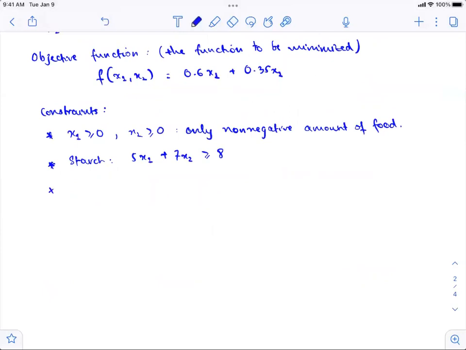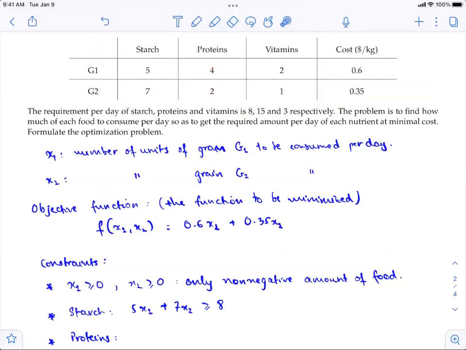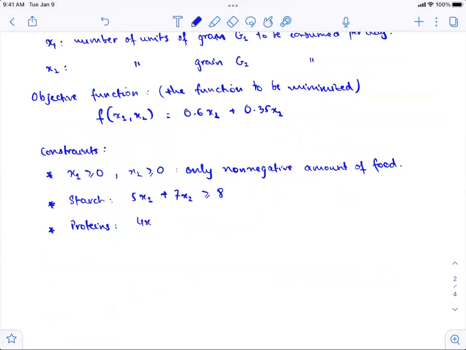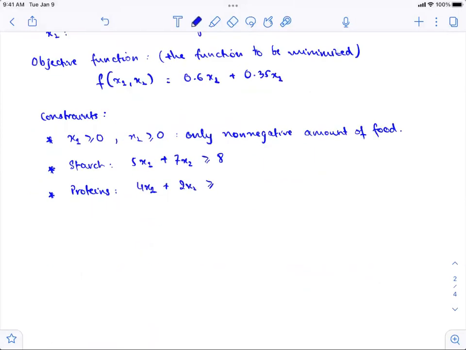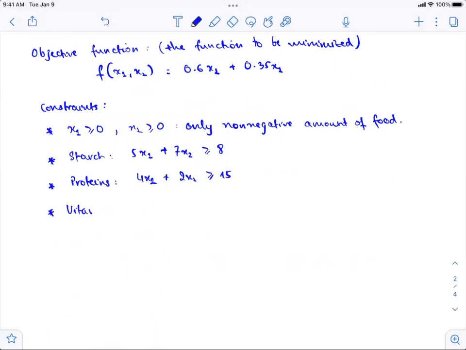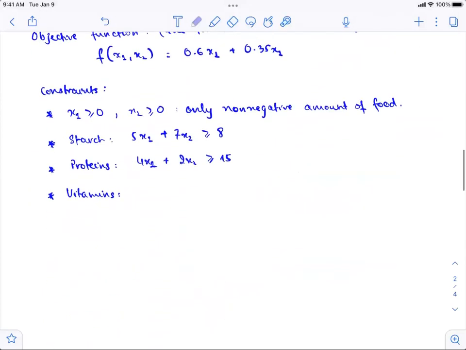The next nutrition we need to look at is proteins. That is 4x1 plus 2x2 greater than or equal to 15, which is the requirement per day for protein. And the last one is vitamins: 2x1 plus x2 has to be greater than or equal to 3.